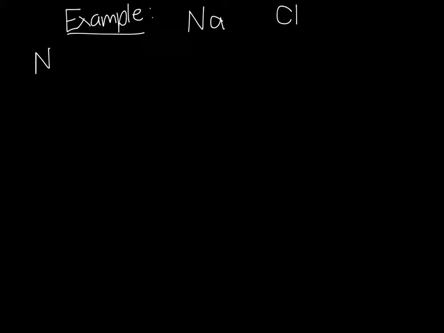So we need to know, for sodium, how many protons does it have? Look at your periodic table. That's 11. How many electrons does it have? Same as the protons, so that's 11. And we don't really need to know the neutrons, but we'll put them on here anyway. Subtract the mass and the atomic number, and you get 12.